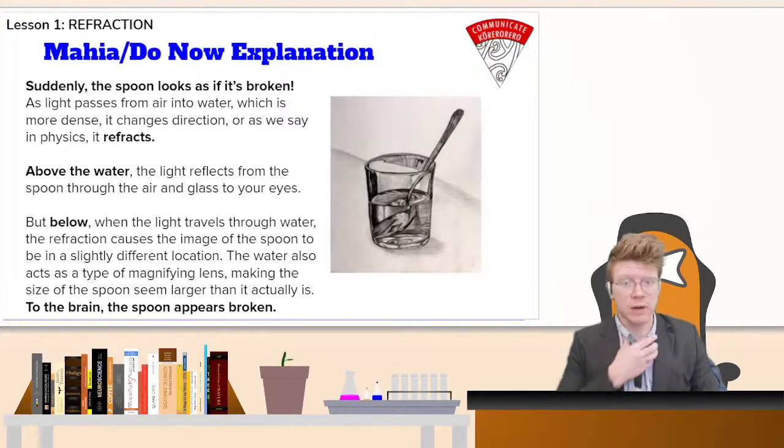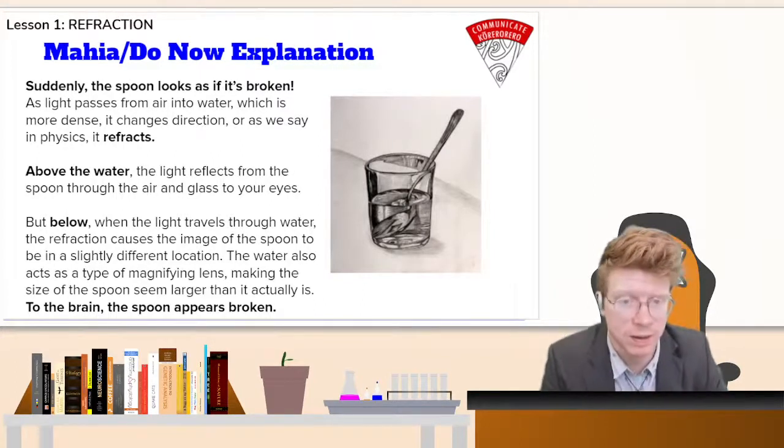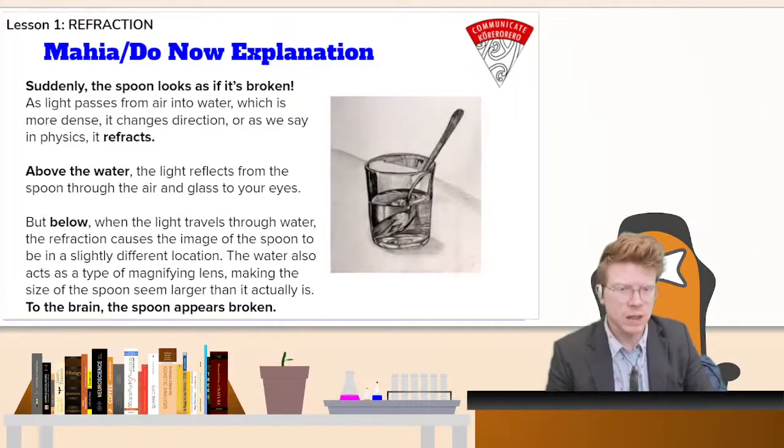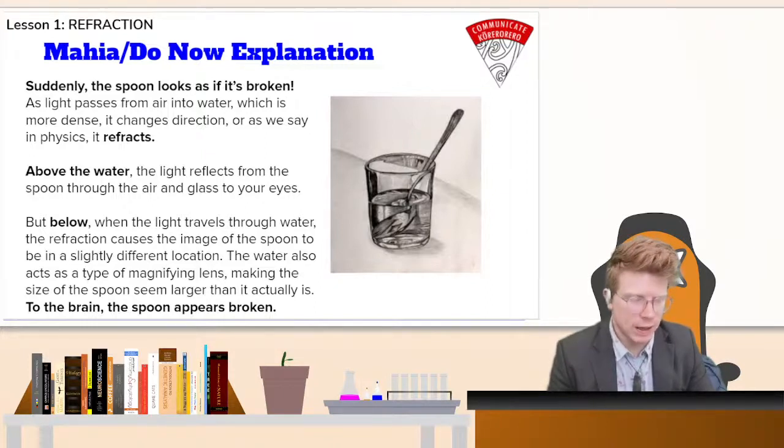Okay, and the answer is due to this phenomenon called refraction, which we're going to learn about today. The reason for this is that as light travels through a substance, or goes through a barrier, so into the glass and then to the water, there is a difference in how dense the water is, and therefore how fast light can travel.